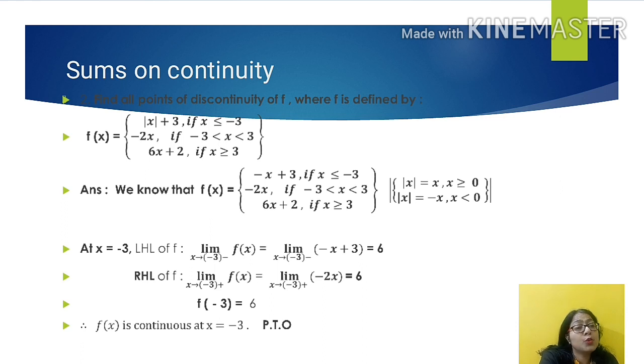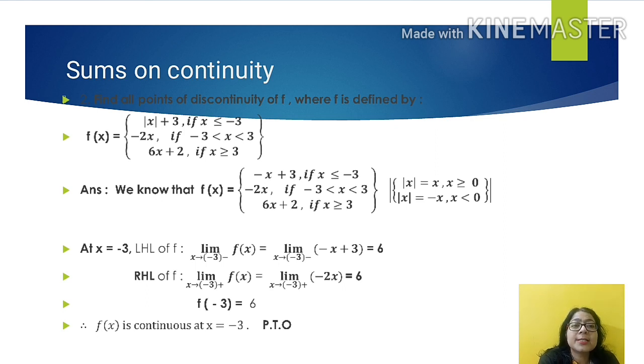Now at 2 points we have to check the continuity or discontinuity, at x equal to minus 3 and x equal to plus 3. So for x equal to minus 3, the left hand limit, we have to use the function minus x plus 3. So in place of x, we have to put minus 3. So minus of minus 3 means plus 3, plus another 3, that is equal to 6. And the right hand limit, x tends to minus 3 plus of f(x), which function?